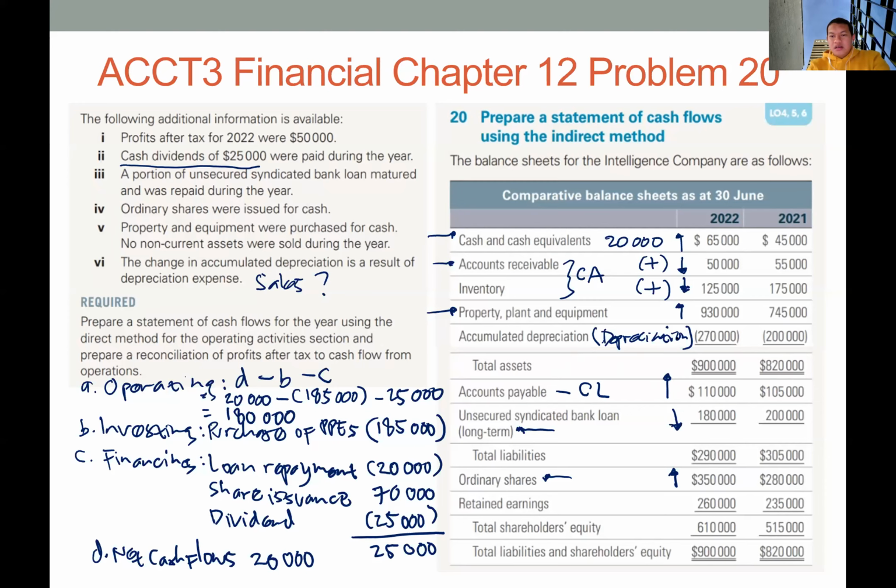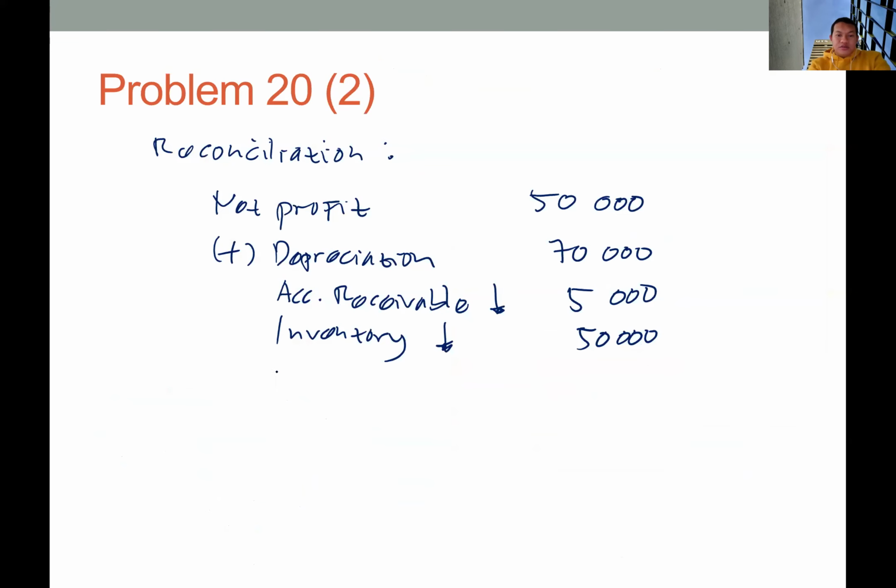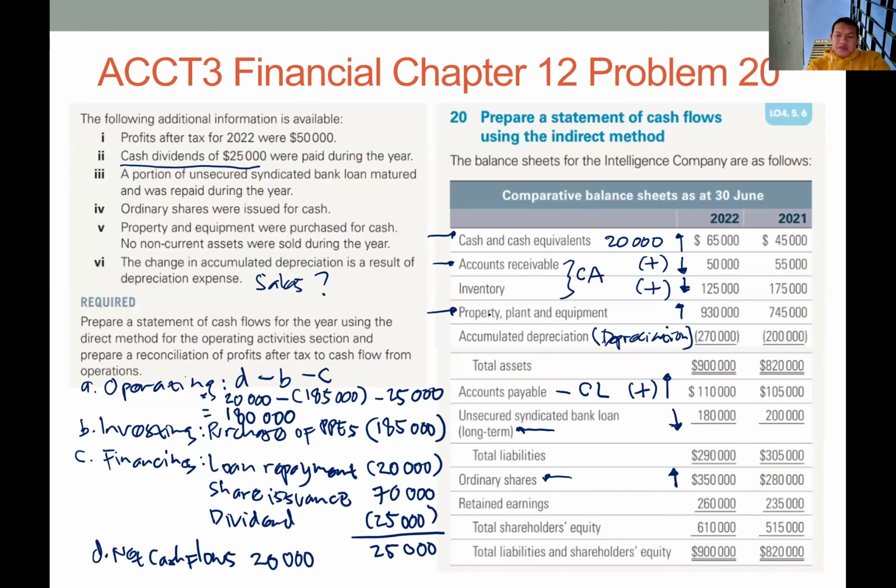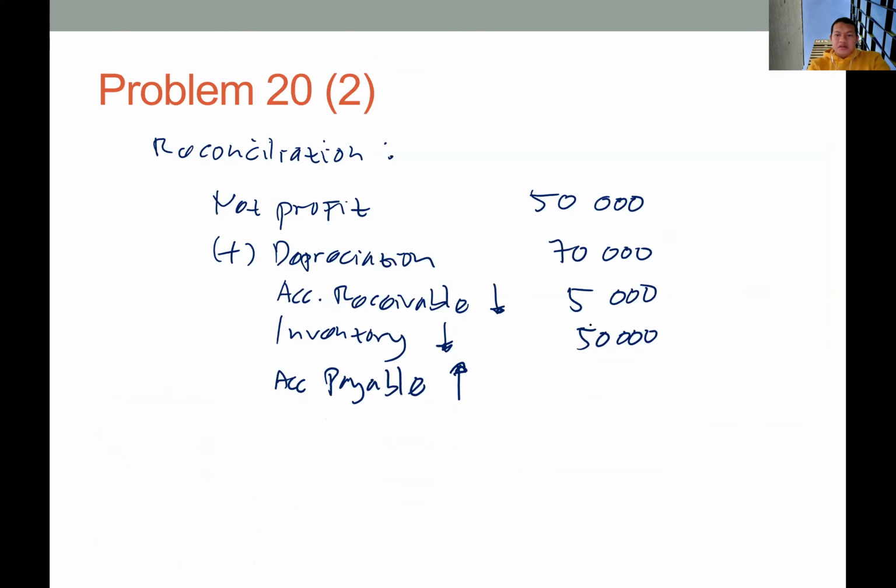It means the company is getting more account payable for cash, so we should add this one as well to the reconciliation. So account payable increased by 5,000. Okay, that's pretty much all. So this is the net operating cash flow.